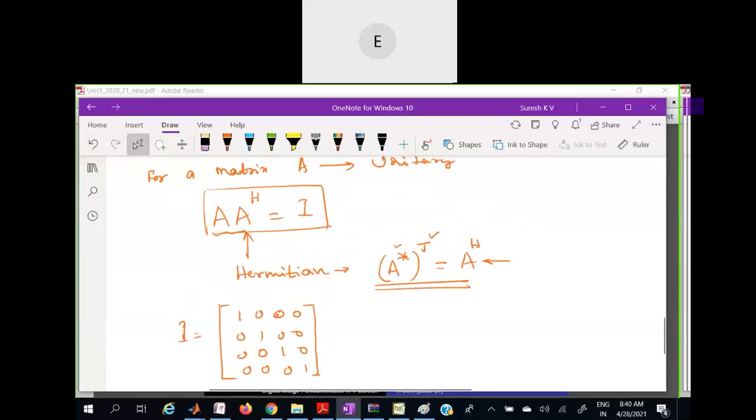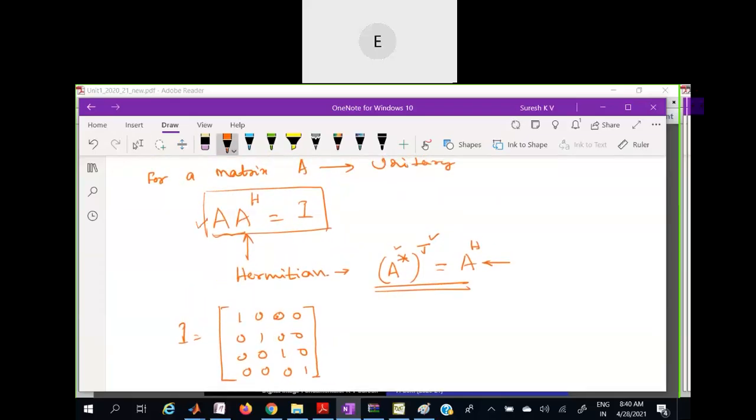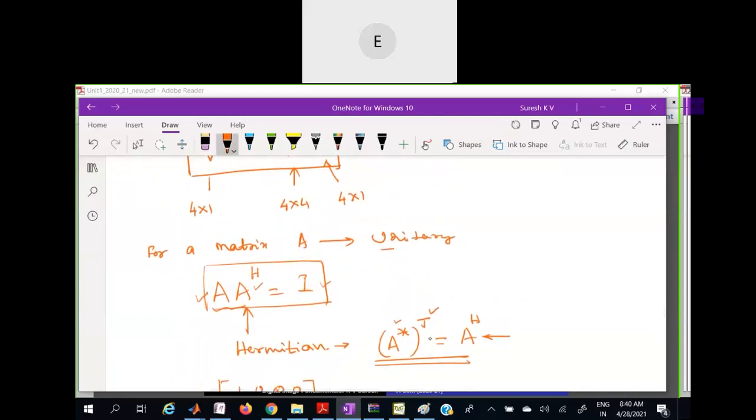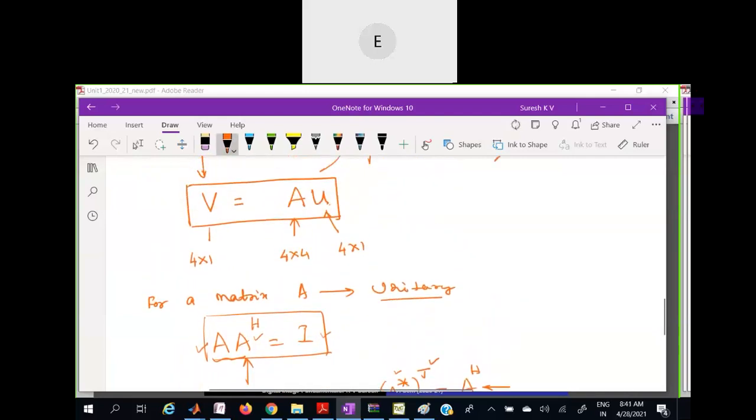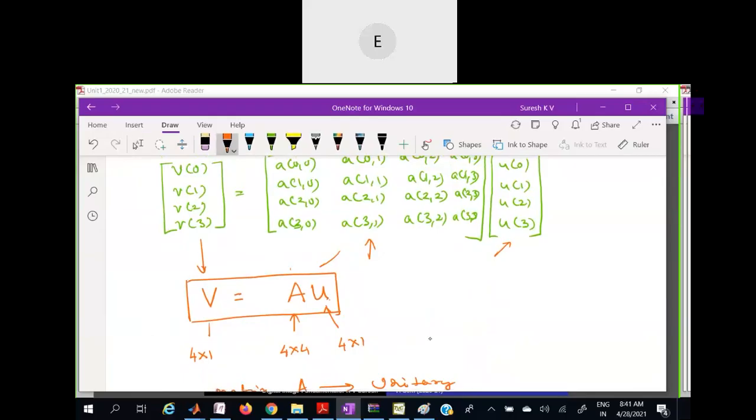So if A is a 4 cross 4 matrix, when I multiply that with its Hermitian, I should get back an identity matrix. If this condition is satisfied, such a matrix is called unitary. If this condition is satisfied for my transformation matrix, such a transform is called a unitary transform.